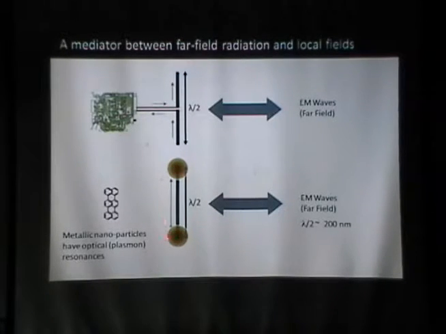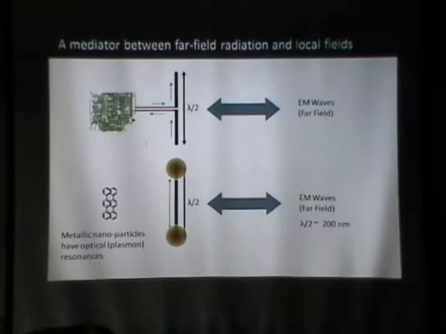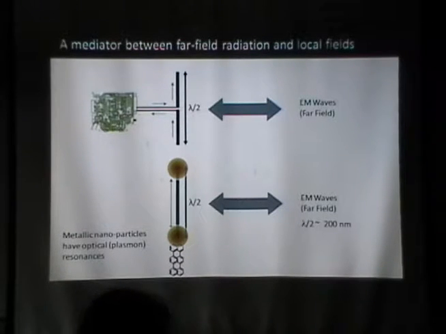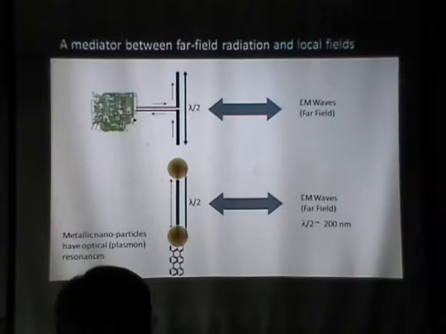They also concentrate fields, so these local fields are in particular positions of a nanoparticle. If we have a rod, then a dipolar resonance, that's very simple. The field will be concentrated at the tips. So what we have to do is to place a molecule in those regions, and then we will have a coupled system, like in this circuit. We will have a molecule that is coupled to this optical antenna.